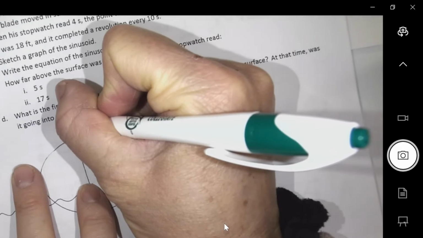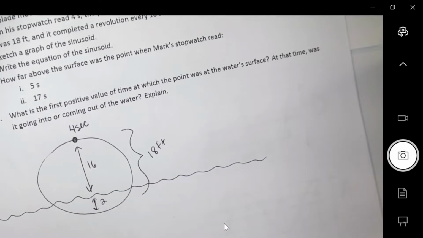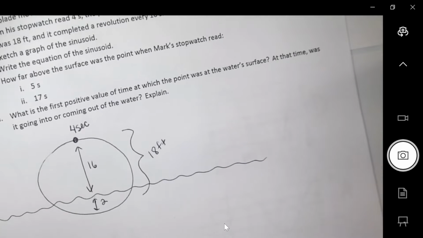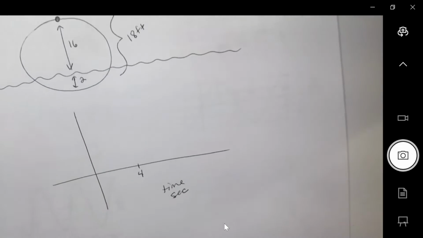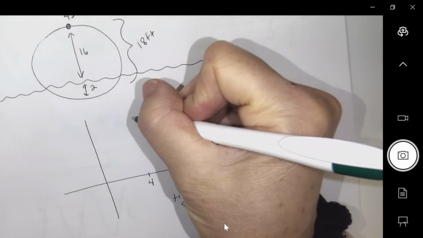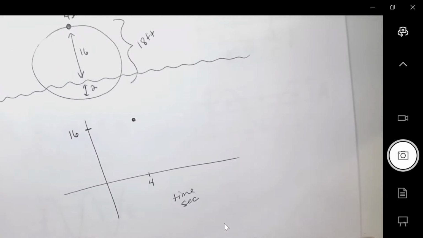So this was at 4 seconds that he got to the top. So at 4 seconds, the height was at 16.